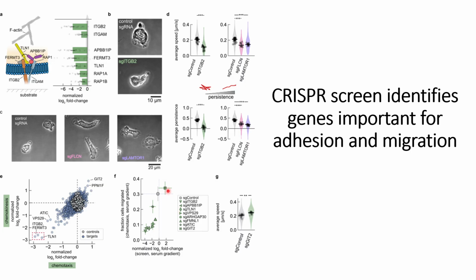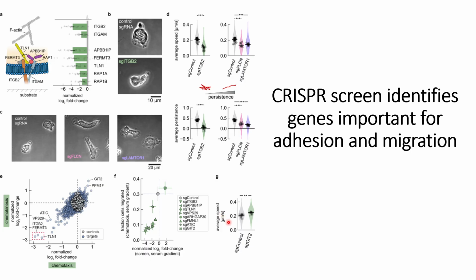They are able to see that the highest relationship is mainly for ATIC, and this is for the control, and also GIT2 migrates in the chemotaxis more compared to the serum gradient or chemokinesis. These results are also in line with the observations from the knockout library chemokinesis and chemotaxis studies.